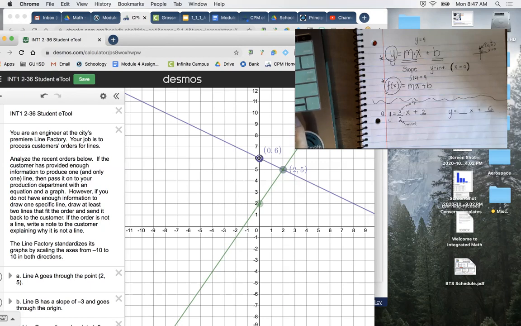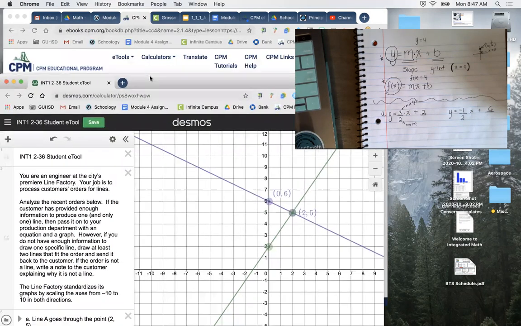Remember, you always do your y's first. I go down 1, that's a -1. But I still go right, which is positive, 1, 2. Right, 2. -1/2 x plus 6. Okay, I want you guys to continue to see these.